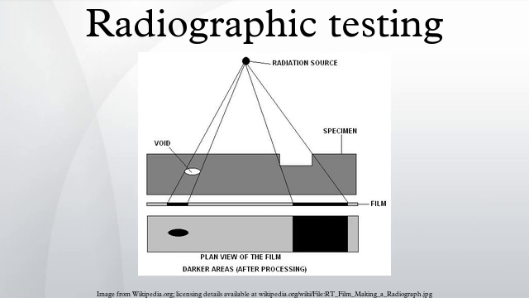EN 462-5, non-destructive testing, image quality of radiographs, Part 5, image quality indicators, determination of image unsharpness value. EN 584-1, non-destructive testing, industrial radiographic film, Part 1, classification of film systems for industrial radiography. EN 584-2, non-destructive testing, industrial radiographic film, Part 2, control of film processing by means of reference values.